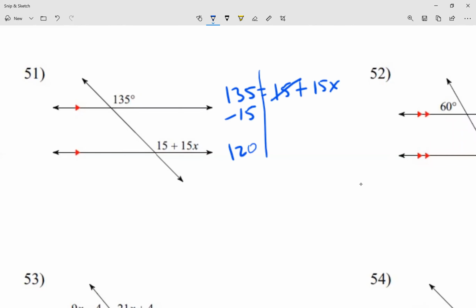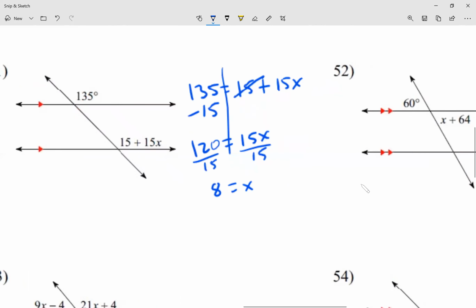So I get 120 is equal to 15x. Divide both sides by 15. So I get 120 divided by 15, that's 8. x equals 8.